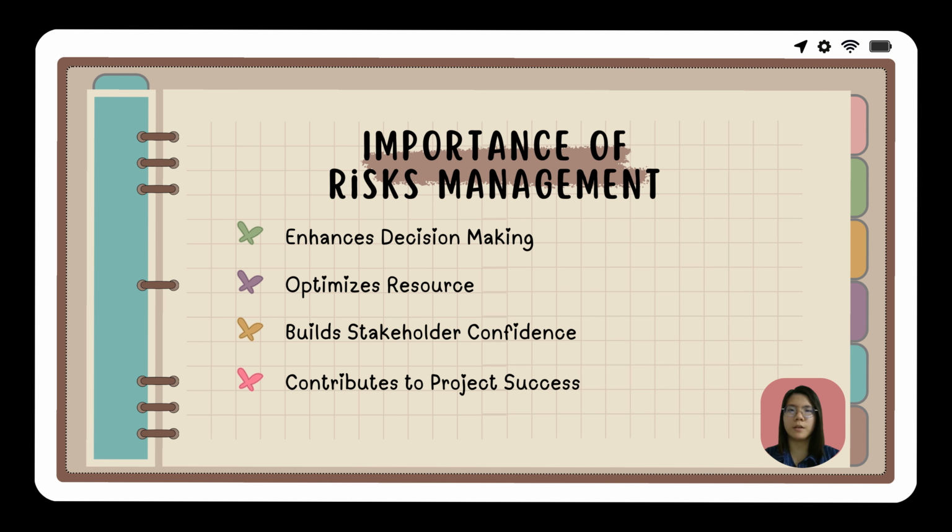Thirdly, proactive risk management builds stakeholders' confidence, fostering trust among clients, team members, and investors. Lastly, it significantly contributes to the project success by mitigating risk and ensuring contingency plans are in place, thereby increasing the likelihood of completing project on time, within budget, and to the desired quality standard.